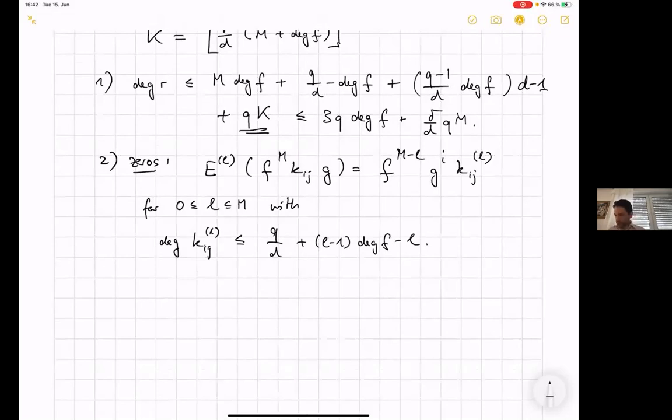Roughly you should think of this as q over d plus m, more or less.